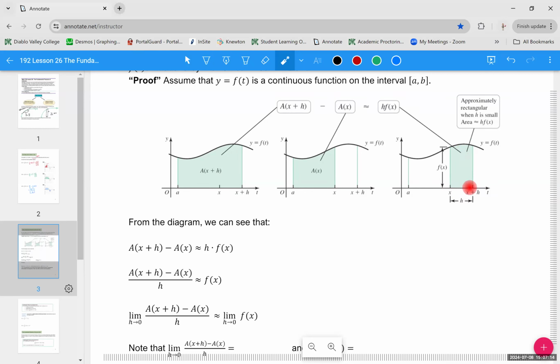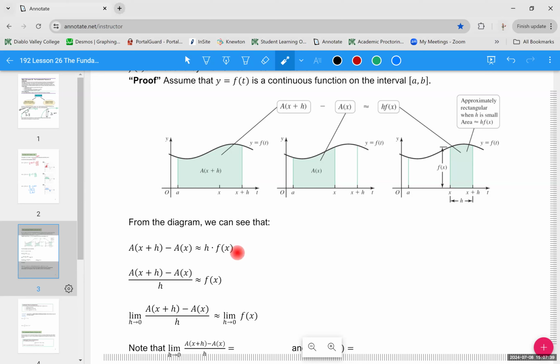And the height, okay, they've used f of x, almost like a left-hand endpoint, f of x as the approximate height. So the area of this region is approximately equal to h times f of x, right? We could see that it's not going to be exact, but that's why we're using the approximately equal to. Okay.